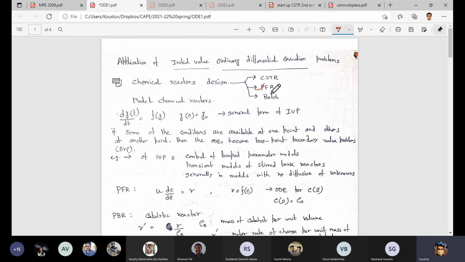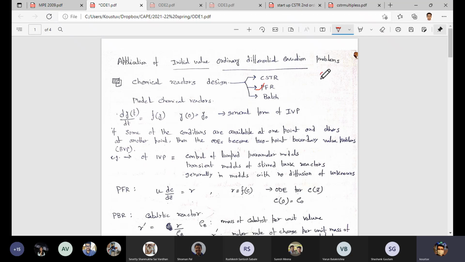When it is operated at steady state condition, then the concentrations vary along Z, the length of the reactor. Those lead to ordinary differential equations, and generally we will be more interested in initial value problems.